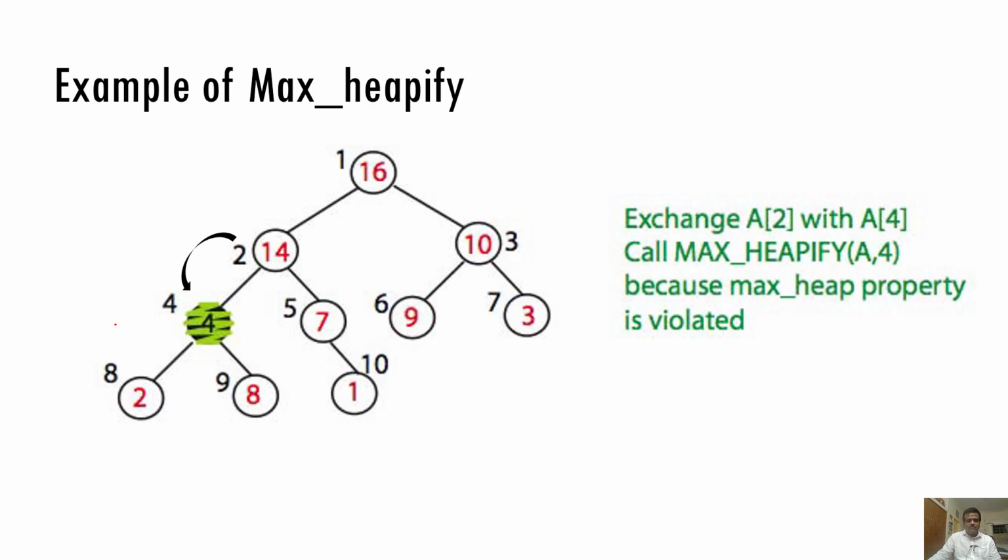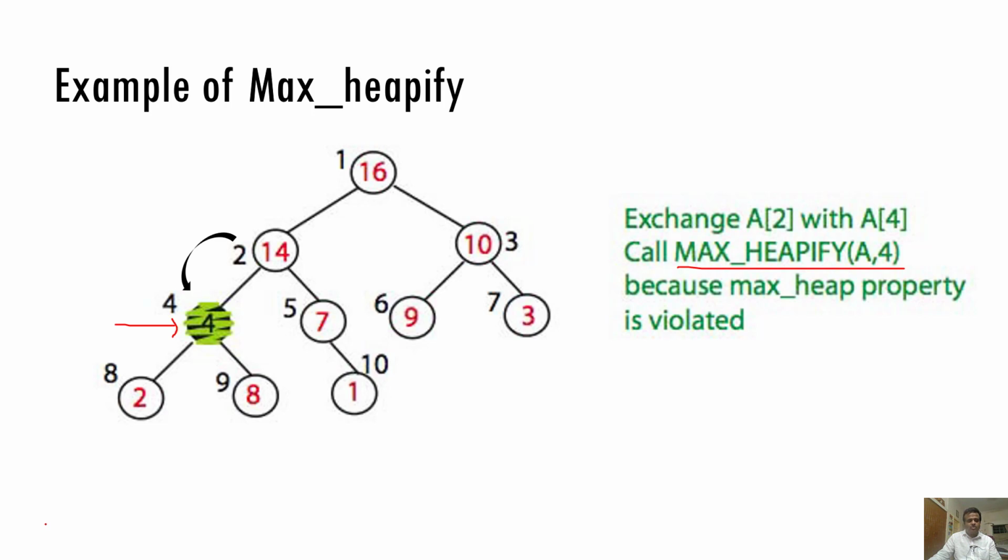We call max-heapify on this, that index is 4. We again call max-heapify on A4, and then it will check the children of it. The maximum child is 8, which is greater than this, so we have to again swap with the max value.